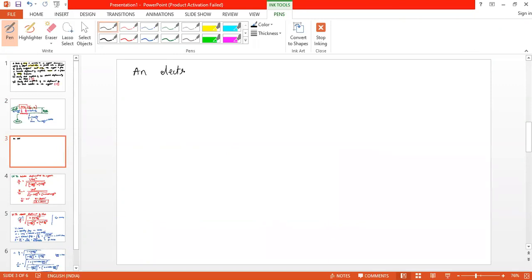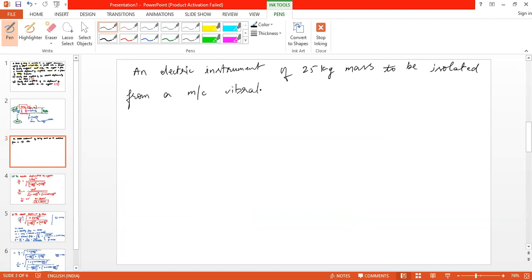An electric instrument of 25 kg mass is to be isolated from a machine vibrating with an amplitude of 0.1 mm at 1000 rpm.